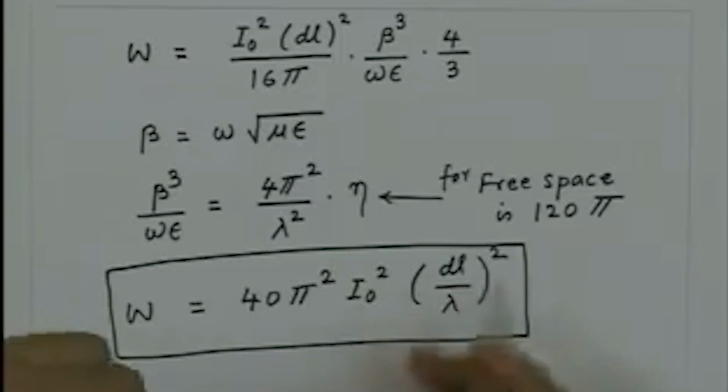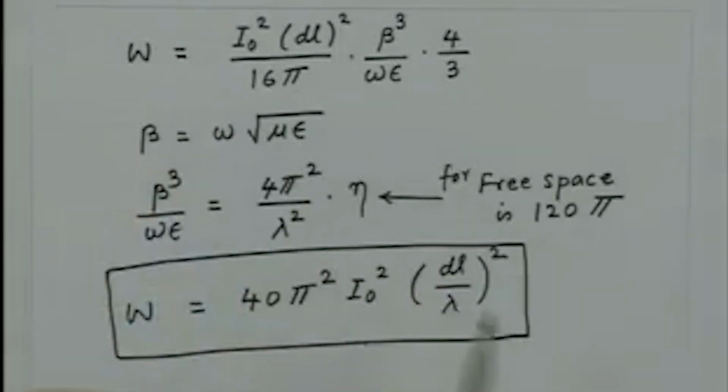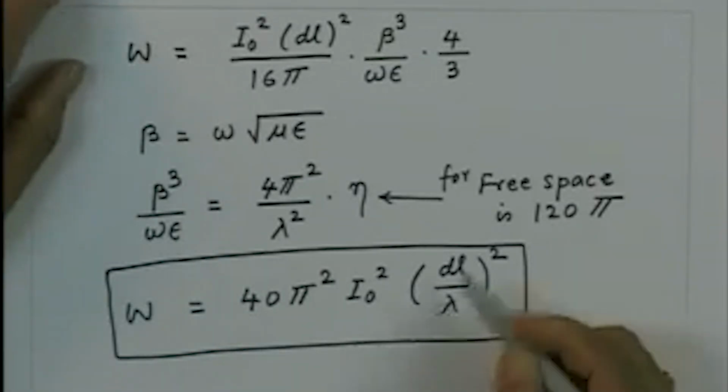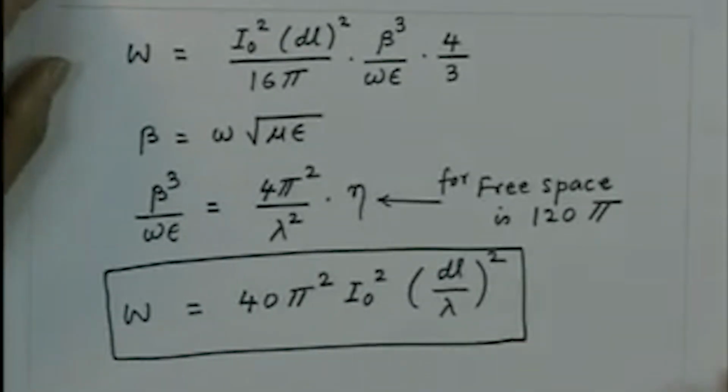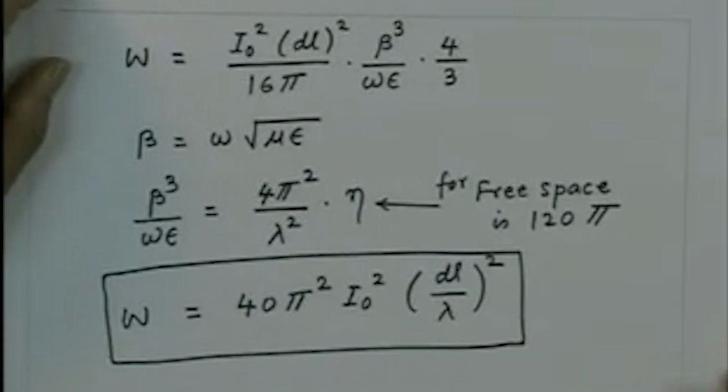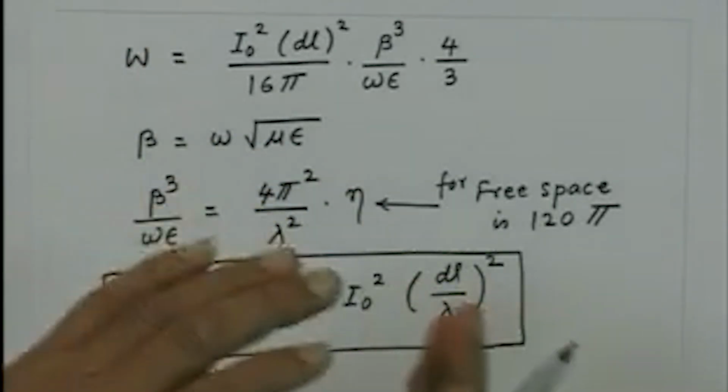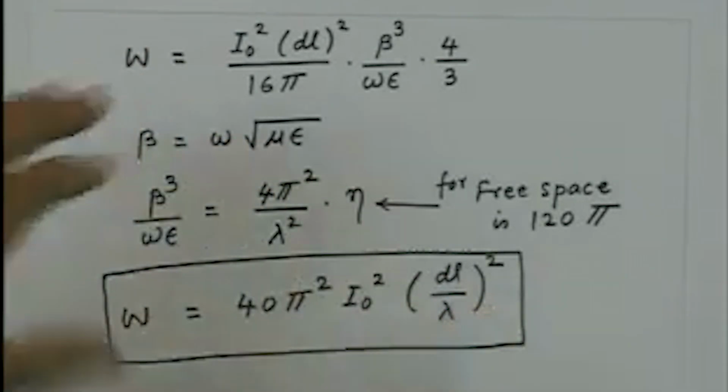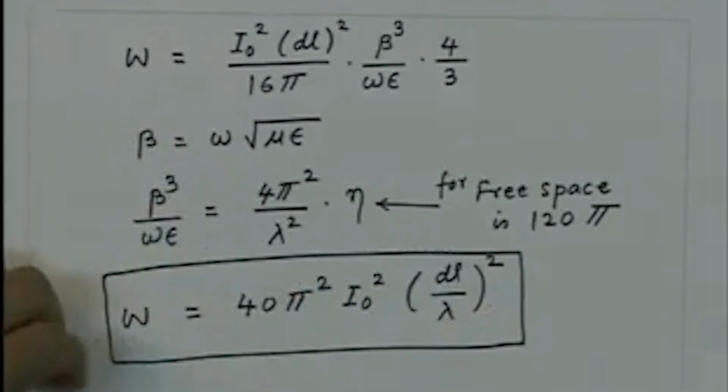So, I do not really have too large a variation in dl, because the dl can be maybe 10% or less than that to satisfy the condition that the current is uniform across the length of the dipole. But within that range, if I increase the length of the dipole, then yes, the power is going to increase for a given current, and that relation will be the square relationship with the length of the dipole.